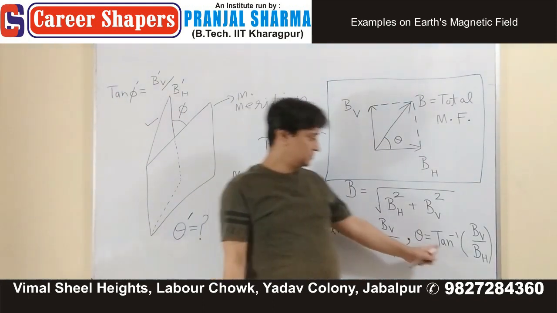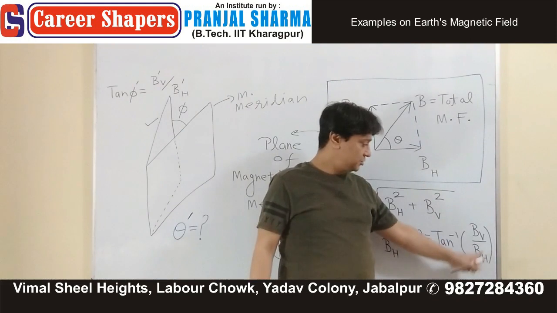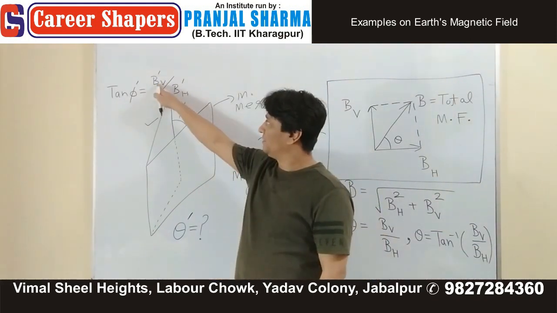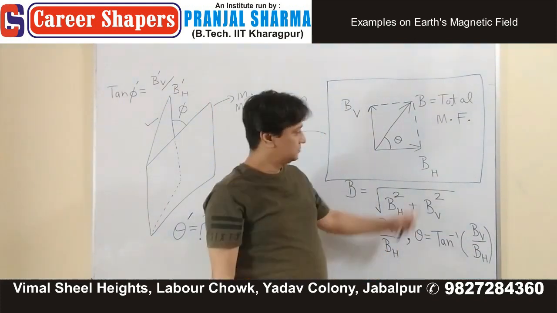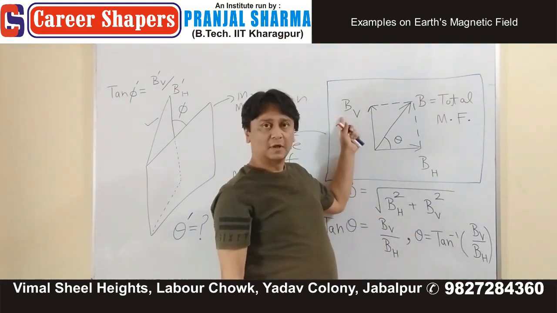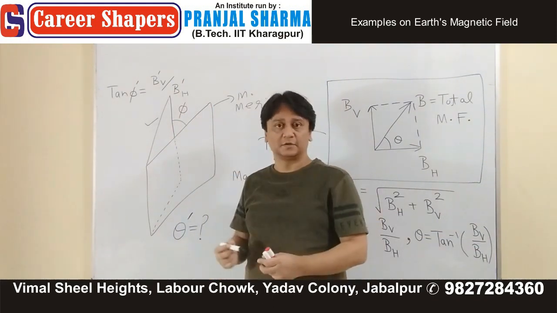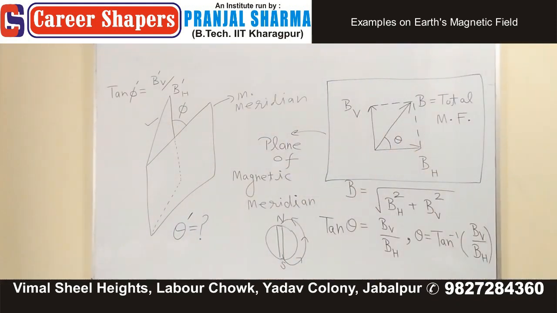Same formula. Theta dash, BV dash, BH dash. If you can find BV dash and BH dash in terms of BV, BH and this angle phi, then you will get the answer. This is more than sufficient hint.